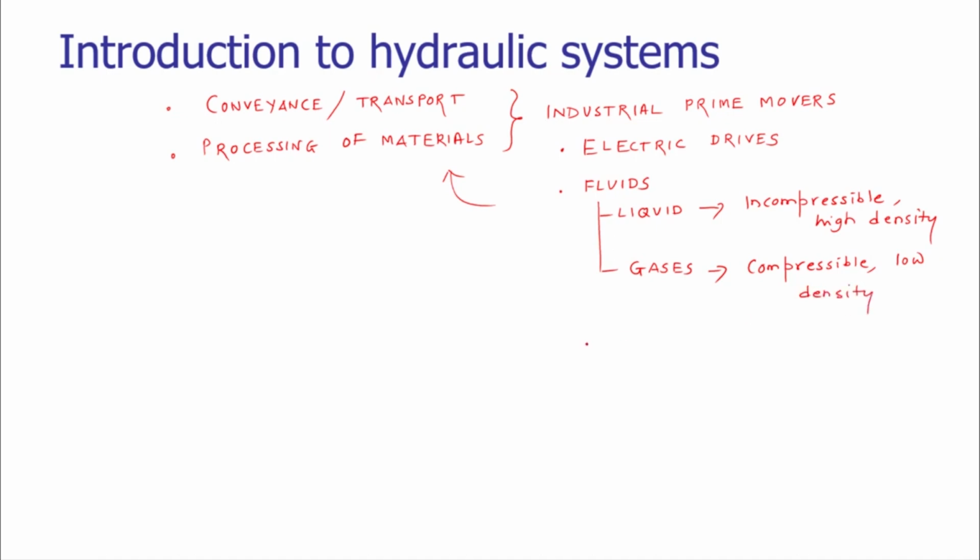So, both these forms of fluid can be utilized effectively to carry out these two operations, the conveyance and the processing of materials. In this particular week, we are studying hydraulics and hydraulic systems which are required for our purpose, that is automation in manufacturing.